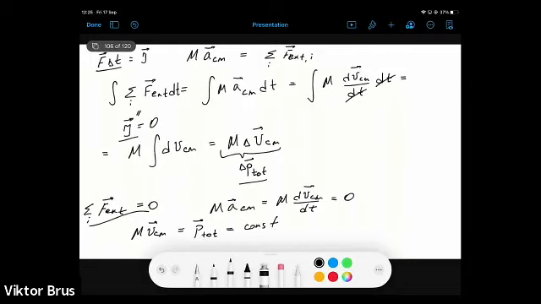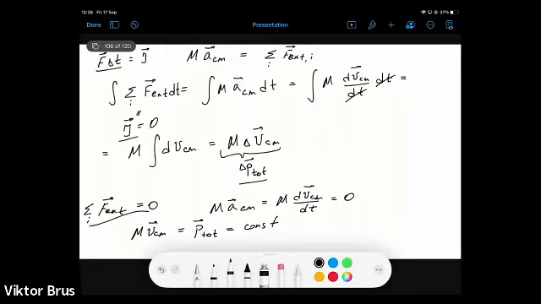So if we have an isolated system, this set of equations tells us that the linear momentum vector remains constant. So we have conservation of linear momentum vector for such a many-body system, given in terms of the velocity of the center of mass.